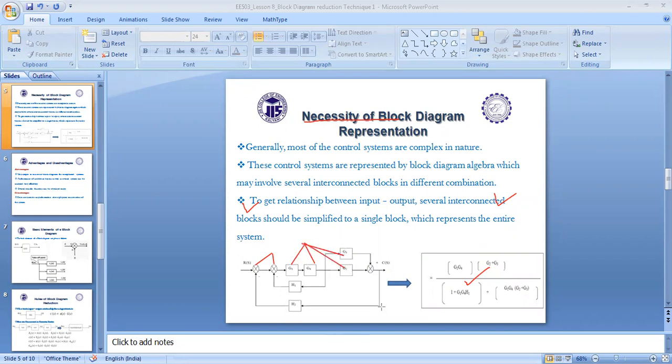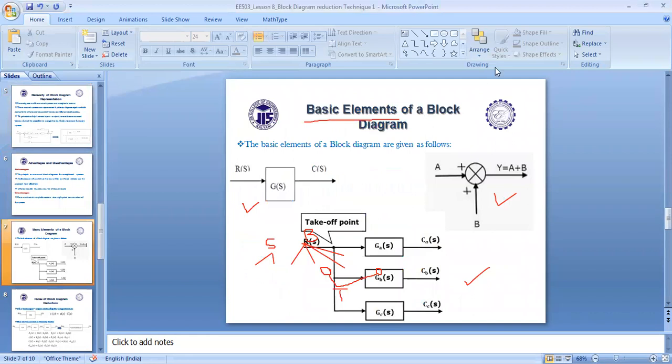All these are known as blocks, and these points are known as takeoff points. So this is a takeoff point. These are takeoff points, these are blocks, and these are summers. So these three are the basic elements of a block diagram, which we are going to discuss now.